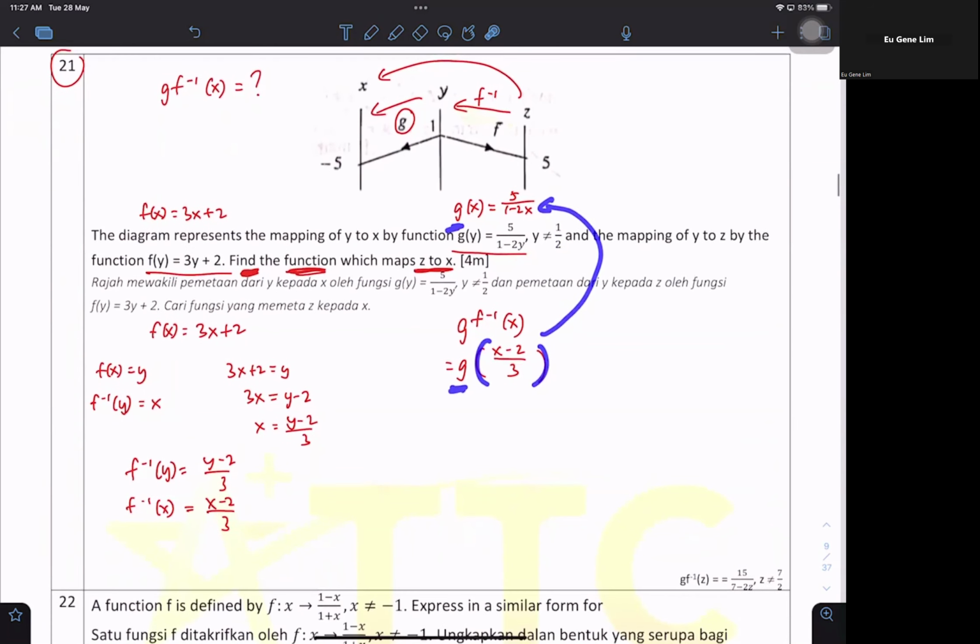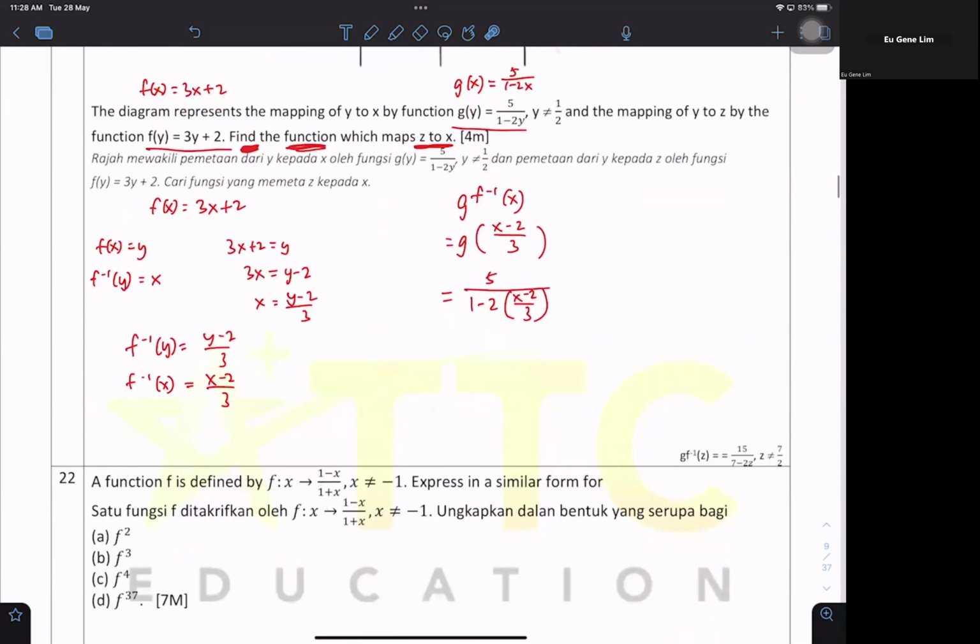So if I take this bracket and sub into x, what will it become? It will become 5 over 1 minus 2 bracket x minus 2 over 3. Understand? So it becomes like this. Then you just calculate.